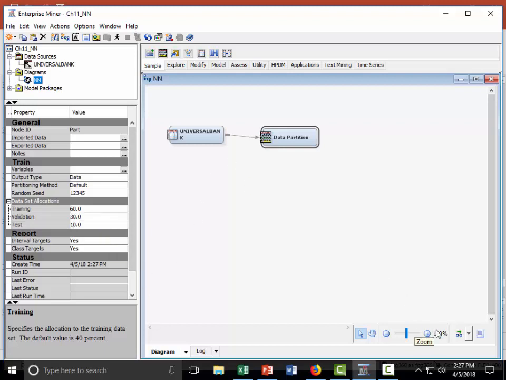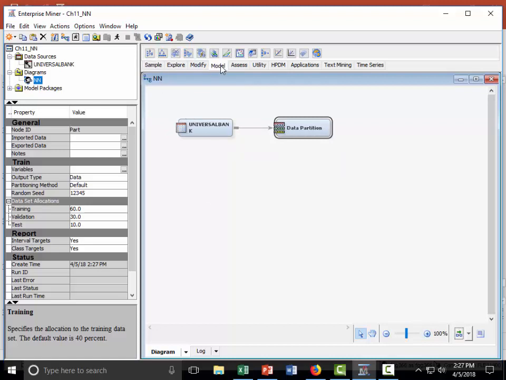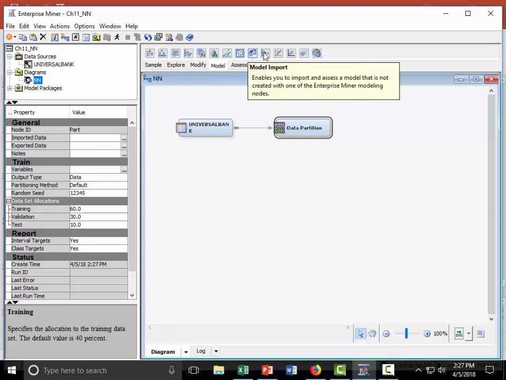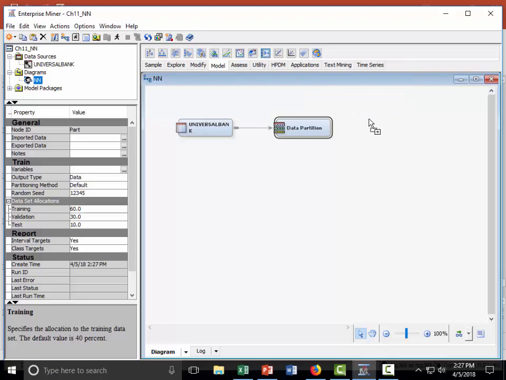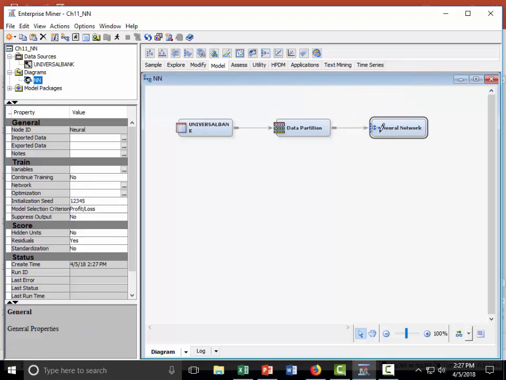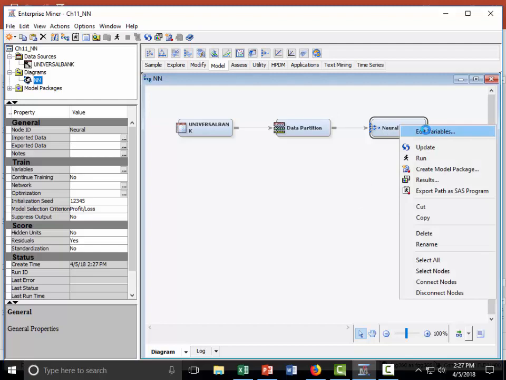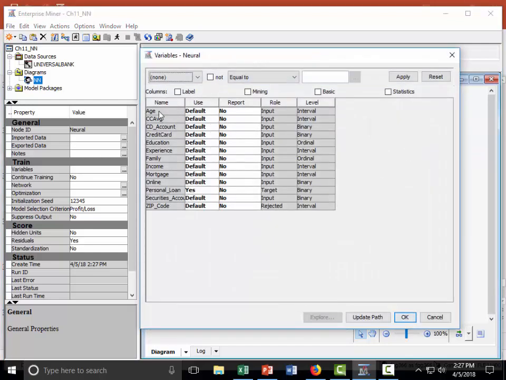Okay. Model, neural network. Okay. Right. Let's examine the variables. Okay. So they're all good.